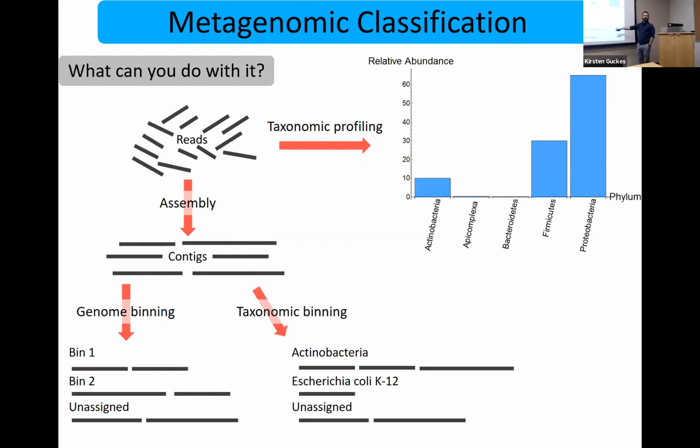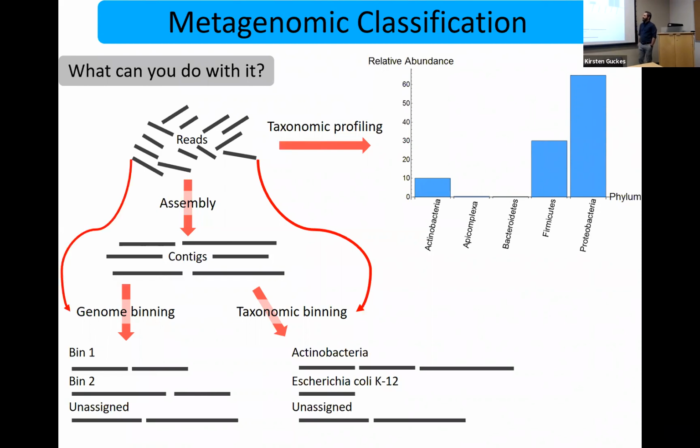Another thing you can do is taxonomic binning, where instead of individual organisms, you try to group them by taxonomic label as well. And there are a bunch of other techniques all around this that, for instance, try to go straight from reads to the taxonomic binnings. So you try to assign taxa labels to individual reads. If you're familiar with things like Kraken, Clark, Bracken, even MetaPhlAn, they try to do things like this.